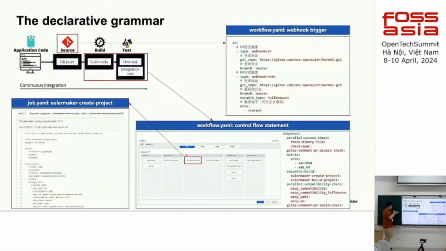About the declarative grammar, it is very similar to the GitHub Actions one.